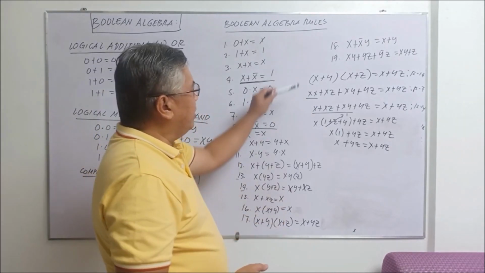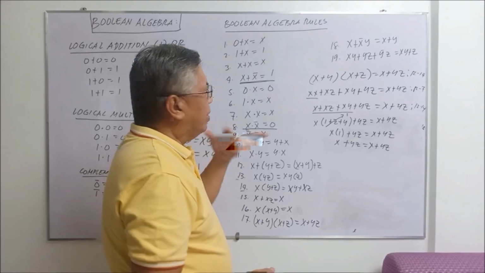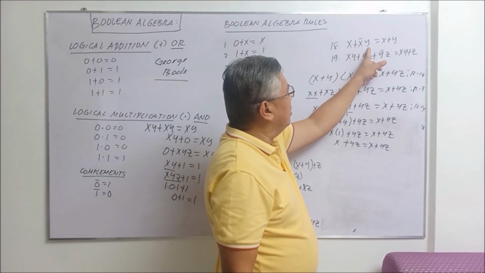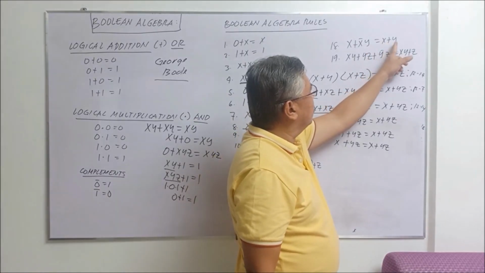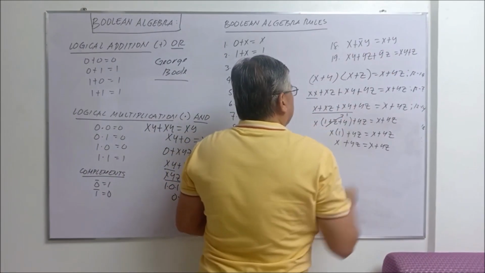Okay? Then rule 18. This is a very interesting rule. So x plus the complement of x times y is equal to x plus y. So how do we interpret this one?